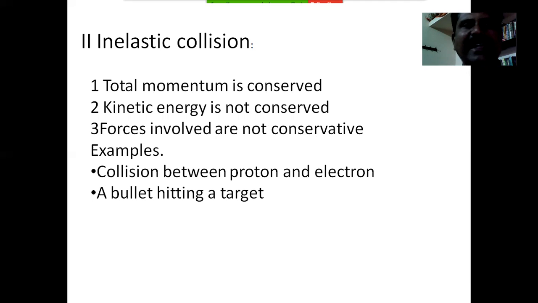In elastic collisions, the forces involved are conservative forces, whereas in inelastic collisions they are non-conservative forces. Examples of inelastic collisions are the collision between a photon and an electron, and a bullet hitting a target.